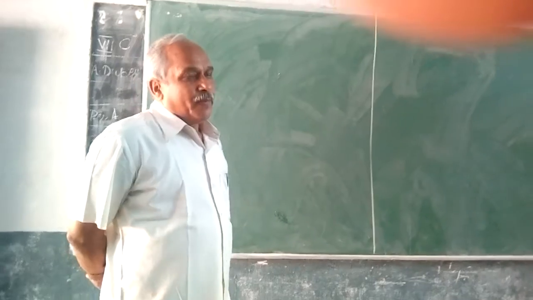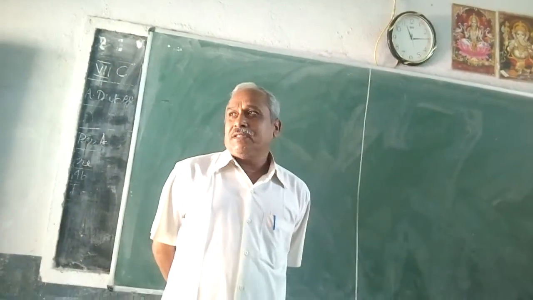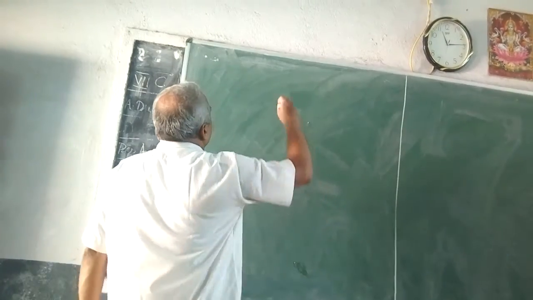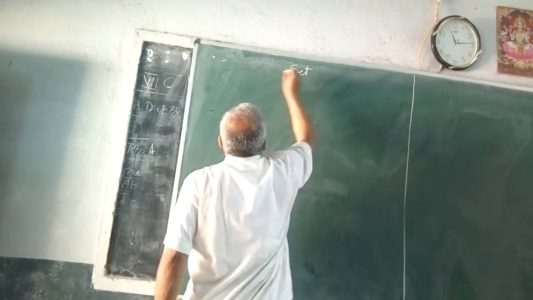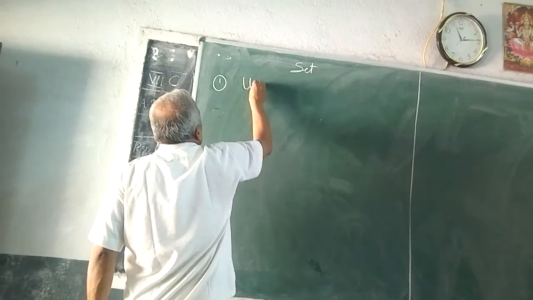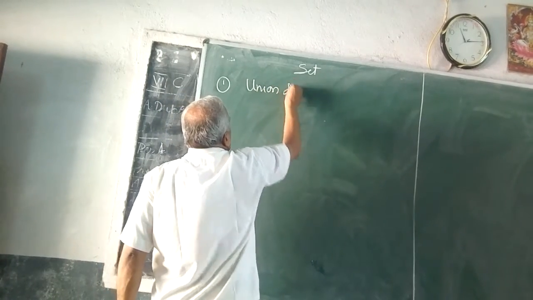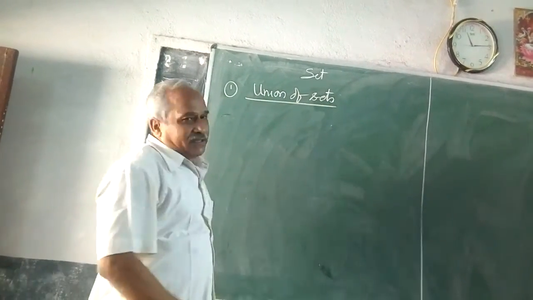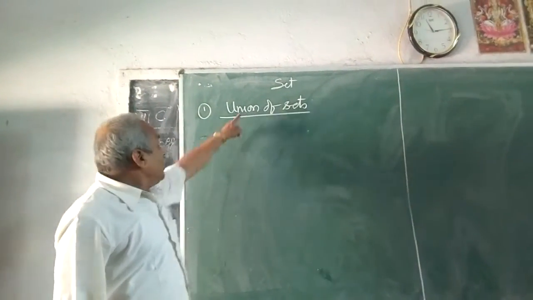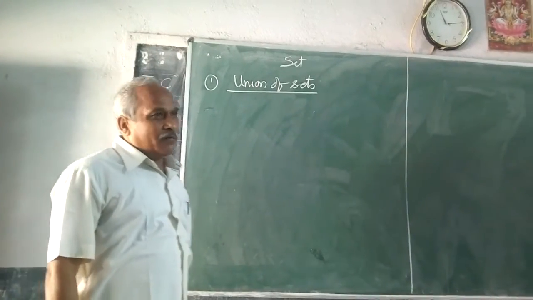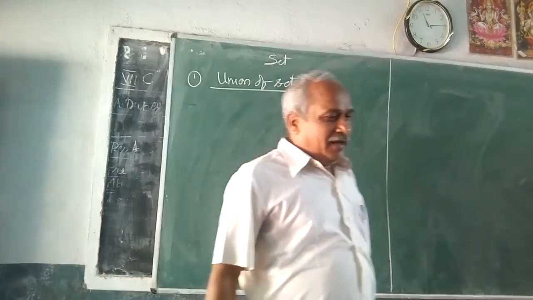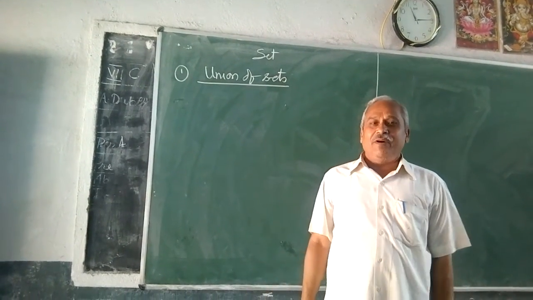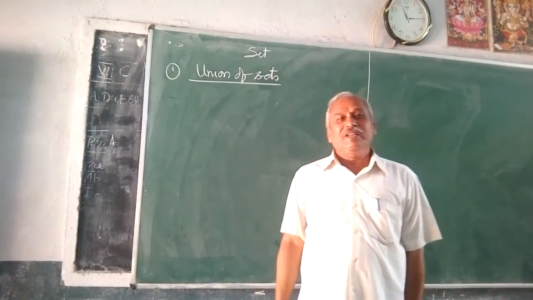In the same way, there are some operations in set theory. The first operation is union of sets. Union, you might have heard this word in politics: students union, labor union, teachers union.